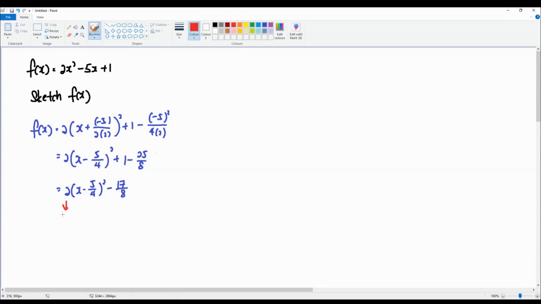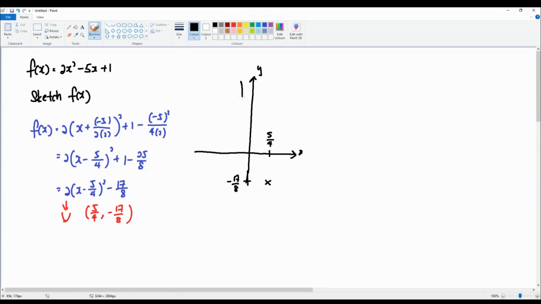And from here, I know that the curve consists of a minimum point, and this minimum point is located at coordinate 5 over 4 and negative 17 over 8. So I can sketch this function already with the information. So this is my y-axis and this is my x-axis. I have 5 over 4 here, and then I have my negative 17 over 8 here. So this is a quadratic graph.